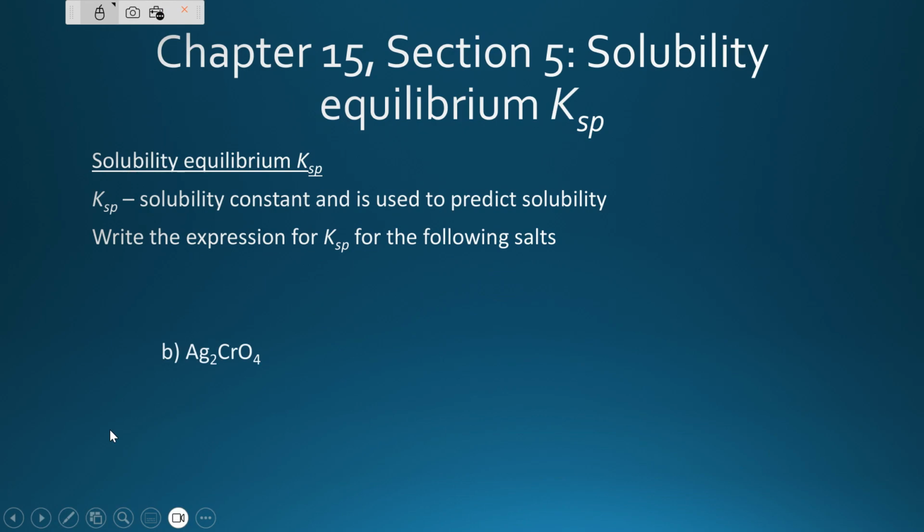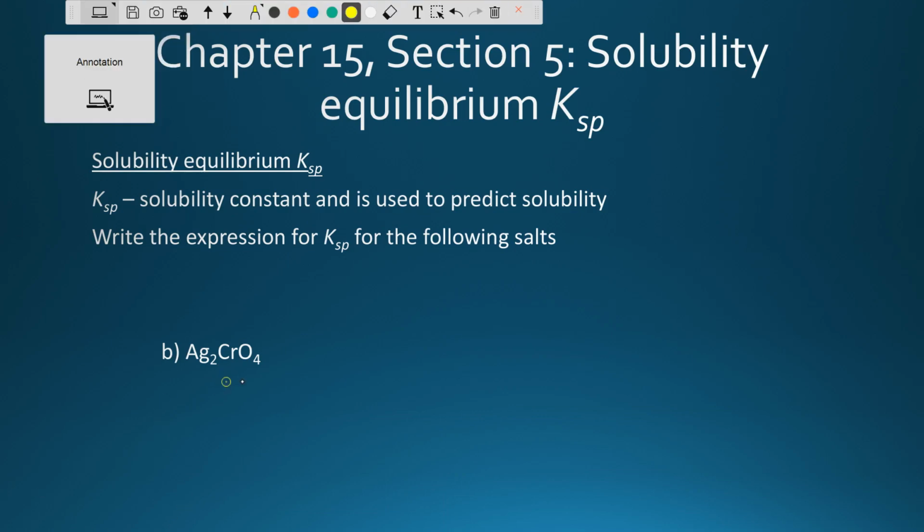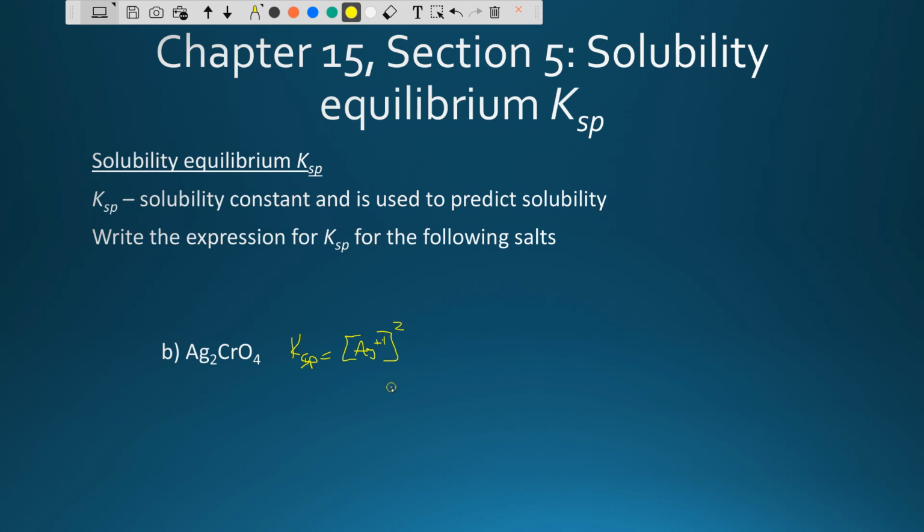So if we take a look at a couple examples, I'm going to speed it up a little bit. We can just envision this. My KSP is going to be 2 of my silvers, so that raises it to the 2nd power, times 1 of my chromates, so that's the 1st power.